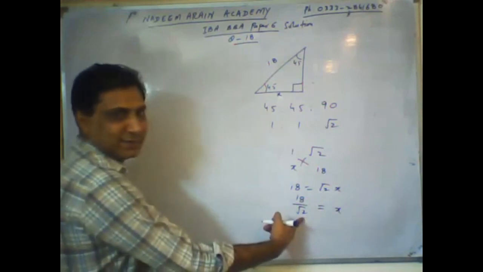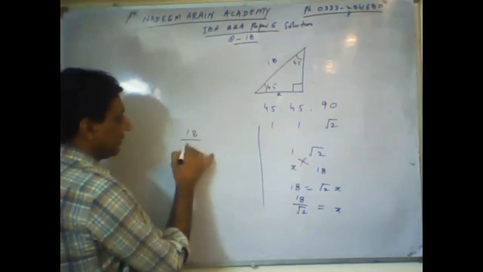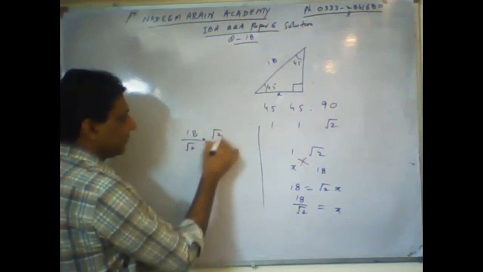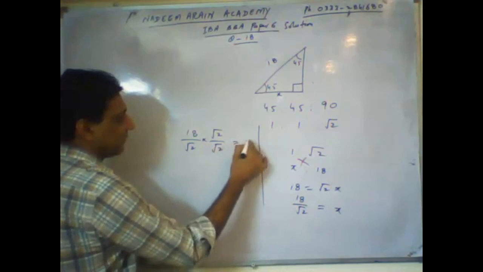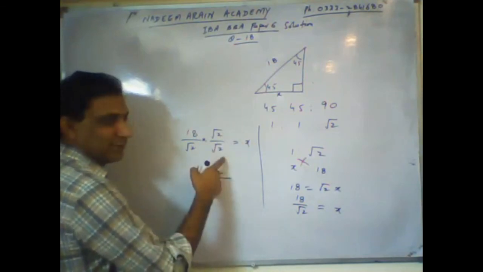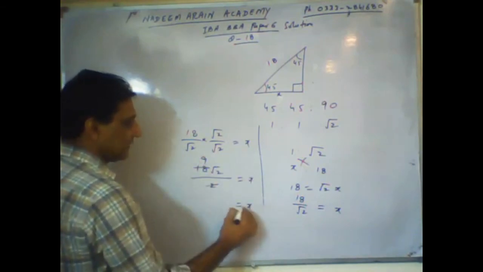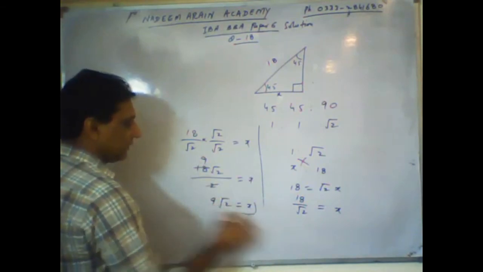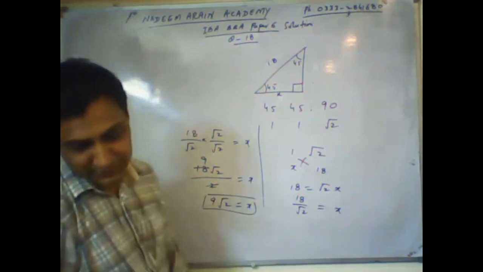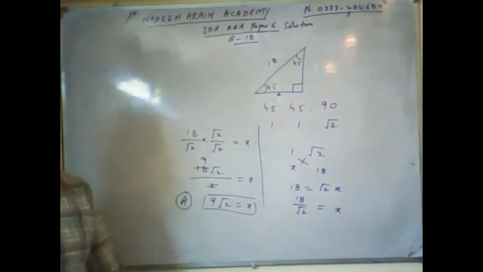You can manipulate it because this is not in the options. So you multiply 18 divided by root 2 by root 2 over root 2. This will be 18 root 2 over 2. So 2 nines are 18. So your answer is 9 root 2. That is option A.